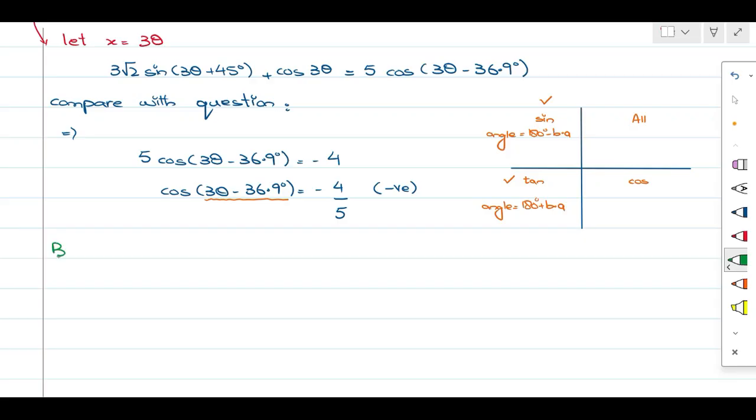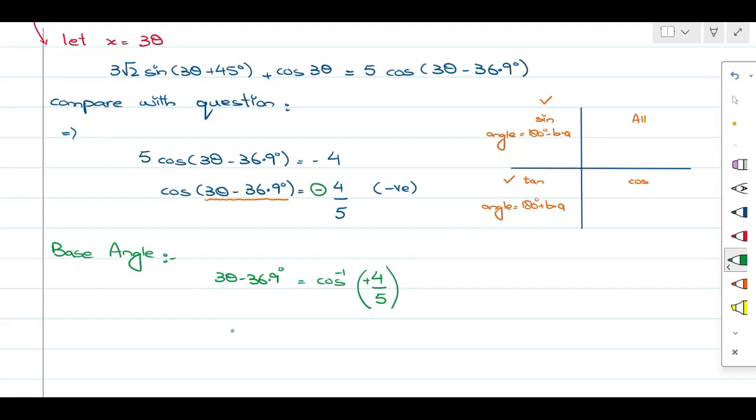The base angle is 3 theta minus 36.9 degrees equals cos inverse of 4 by 5. Whenever we are finding the base angle, we consider the sign positive, not negative. The negative sign only tells us in which quadrant cos is negative. Cos is positive in the first and fourth quadrants and negative in the second and third.